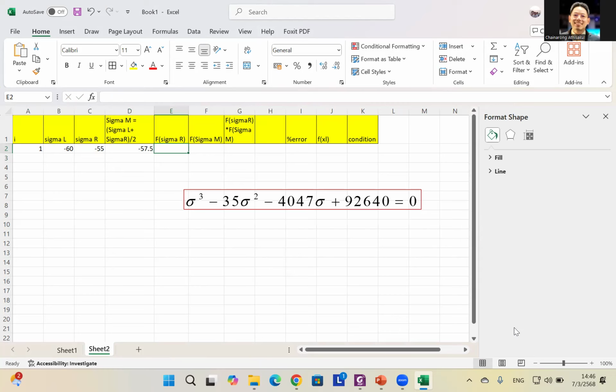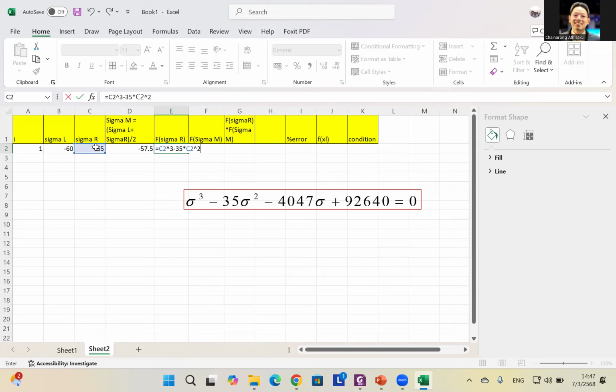F sigma is equal to what? Is equal to this XR, right? This value power 3, am I correct? And minus 35 times this value power 2.